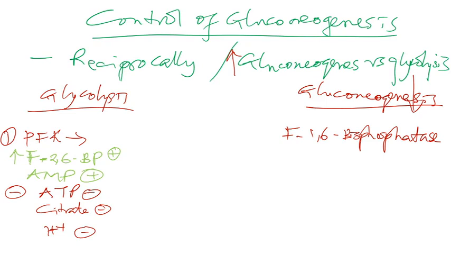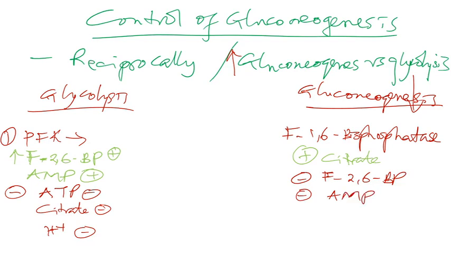For fructose 1,6 bisphosphatase, it's activated by citrate, but it's inhibited by fructose 2,6 bisphosphate and also AMP, adenosine monophosphate.